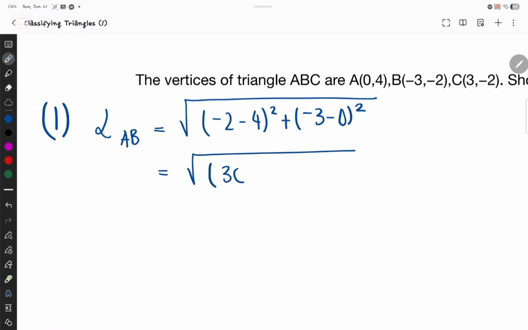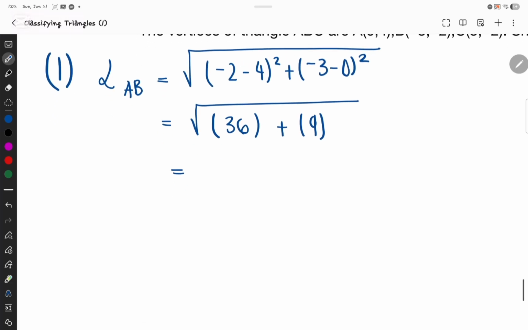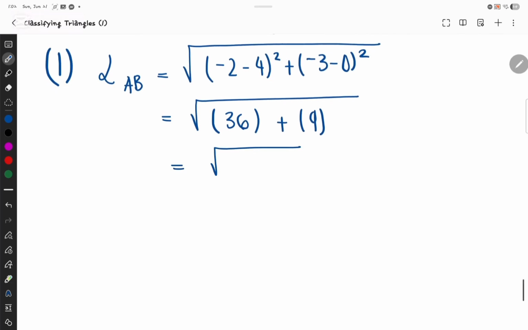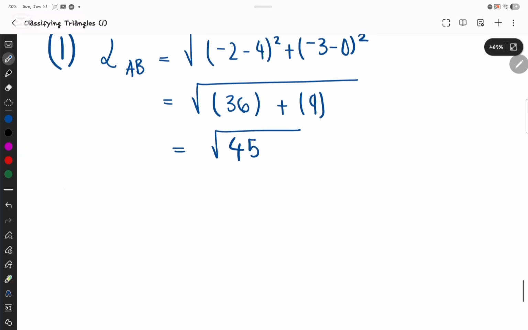That would be 36 plus 9, right? So it's going to be root 45.